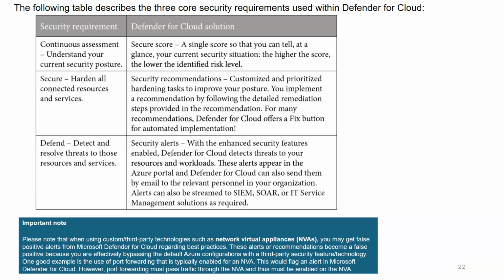We can use this network appliance. NVA will give you positive alerts from Microsoft Defender for Cloud regarding best practices, so we have to configure NVA in every environment. And we have firewalls, network virtual appliances.